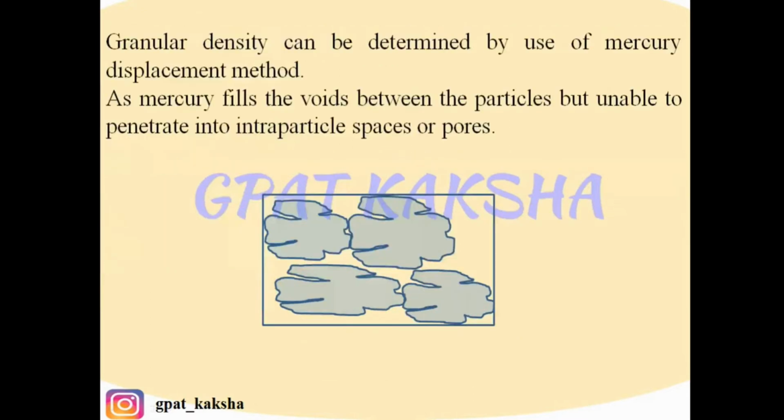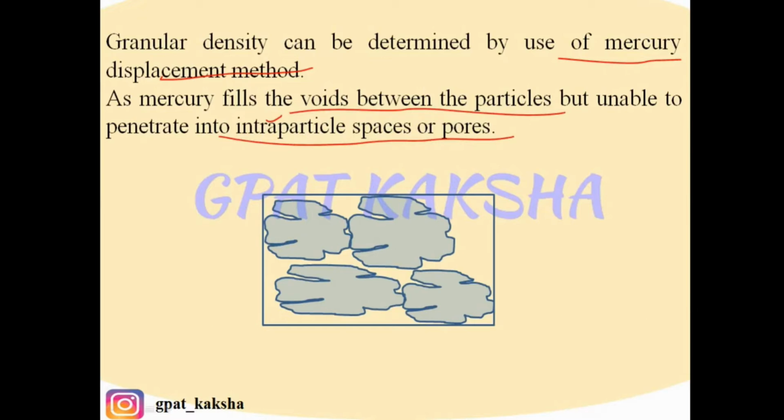Granular density can be determined by use of the mercury displacement method, as mercury fills the voids between the particles but is unable to penetrate into intraparticle spaces or pores.